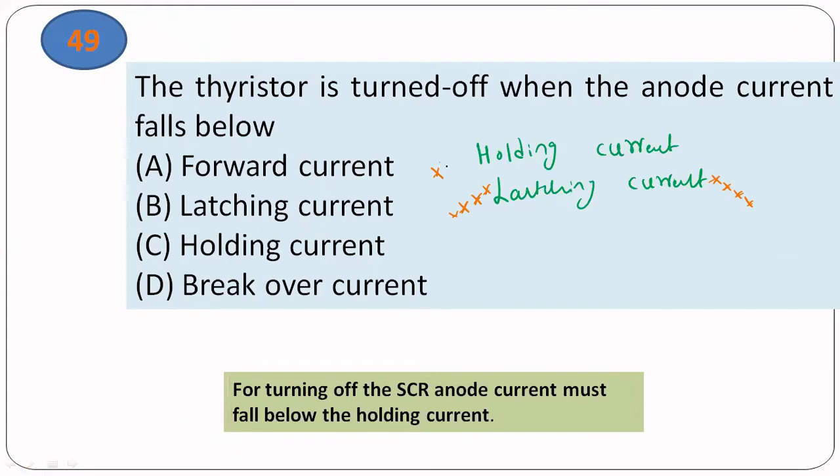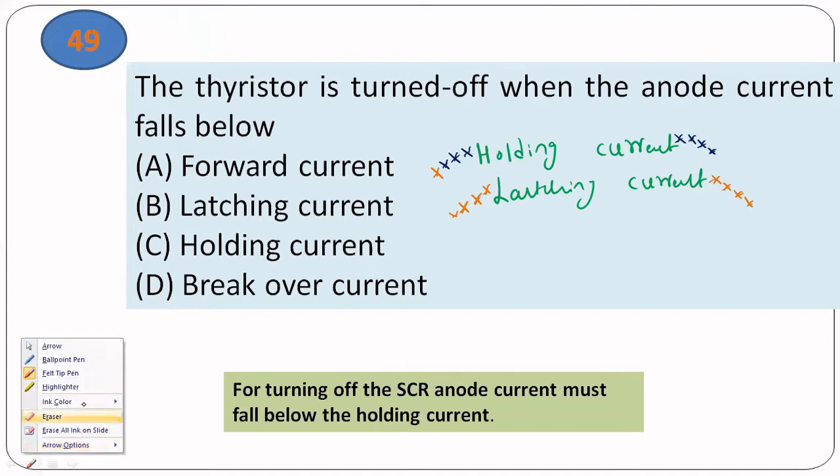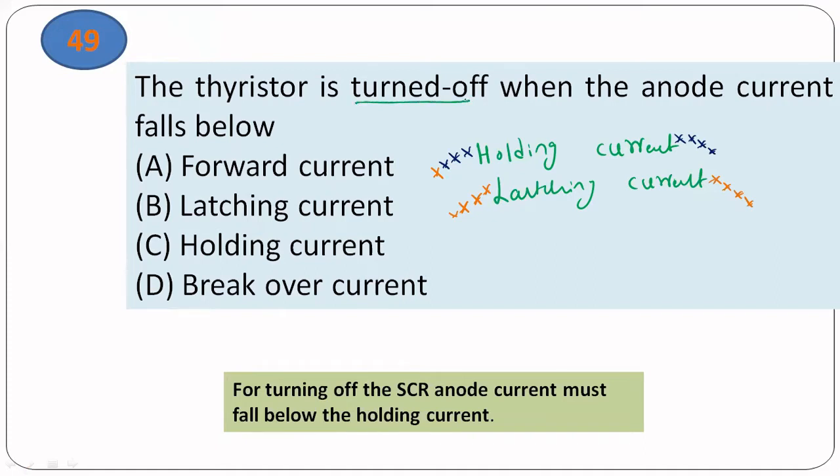That is, once the thyristor is latched, a minimum amount of current is also required to hold it in the on state, right? So basically what happens is, if the thyristor is turning off, its anode current must fall below the holding current.